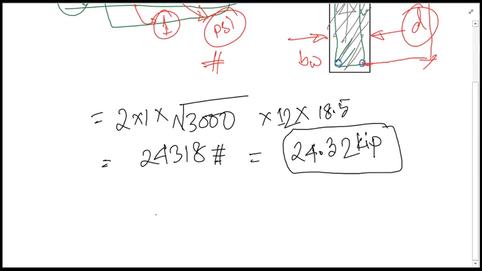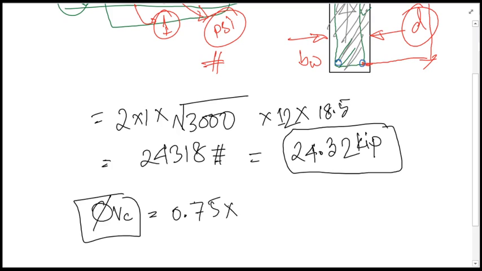Although it is nominal capacity, while using, we always use it as phi Vc. In case of shear, as you know, this phi value is 0.75, whereas in the flexural case it might be 0.9, and it would vary from 0.9, and it might decrease as well.